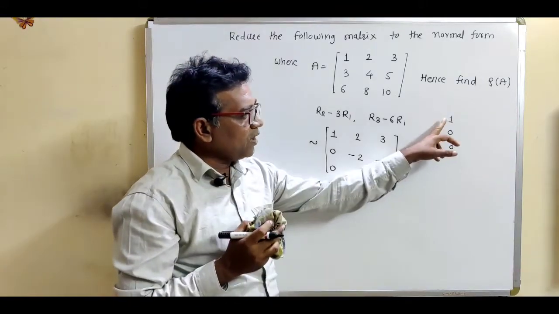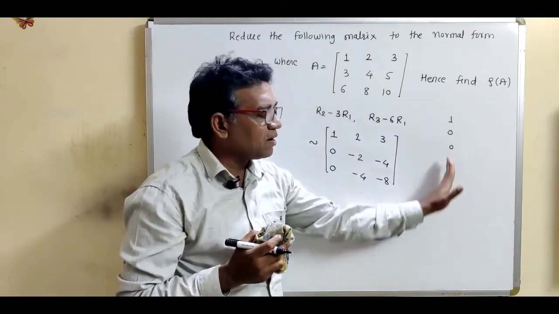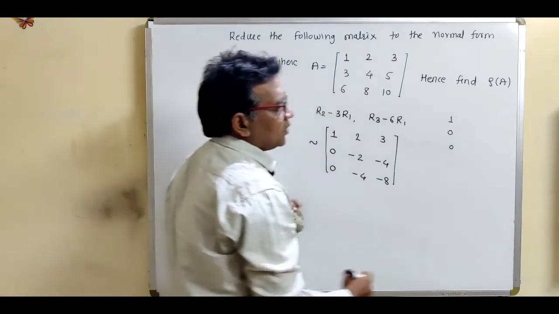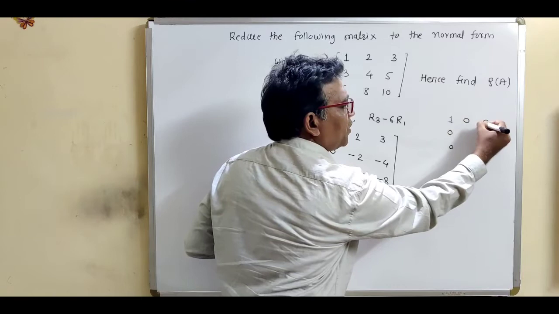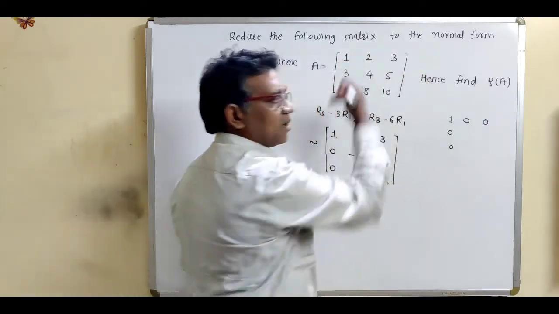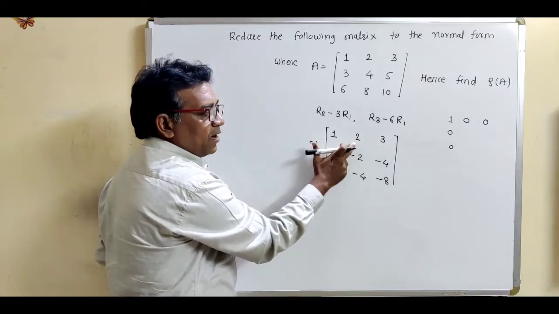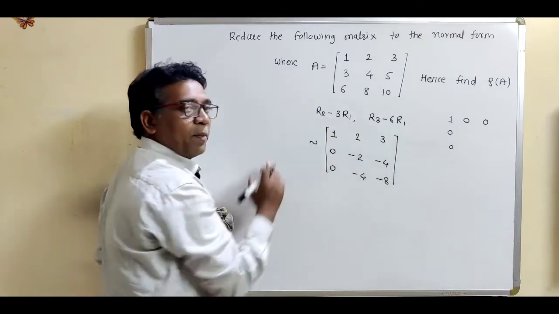First of all, make the first element 1. By using this one, make the corresponding column 0. Now what is the next step? By using this one, now make the corresponding row 0. Now there are just 2 elements, so make these 2 elements 0. For this we have to use the column operation.